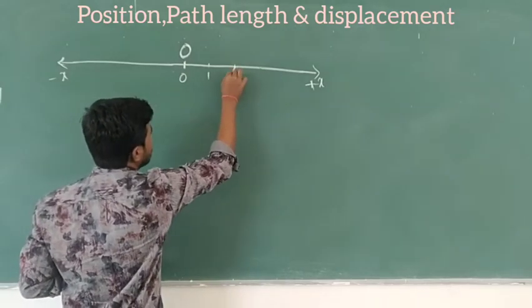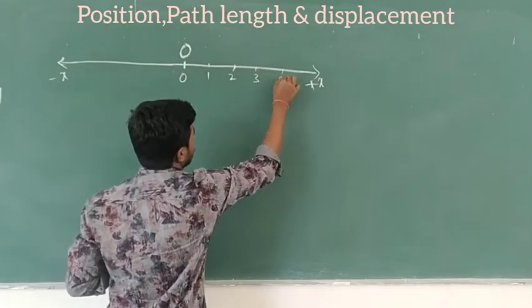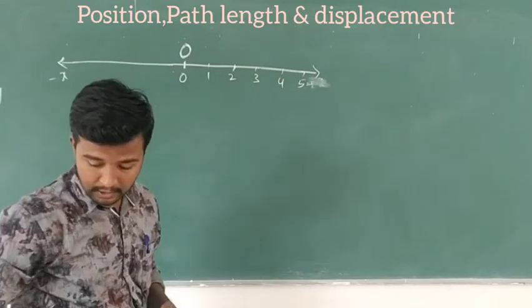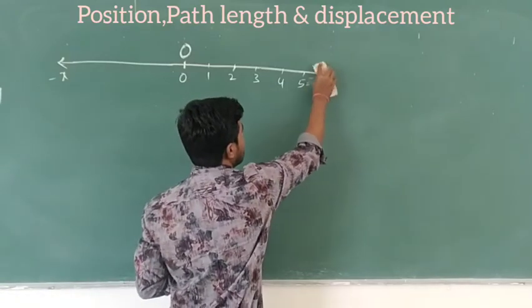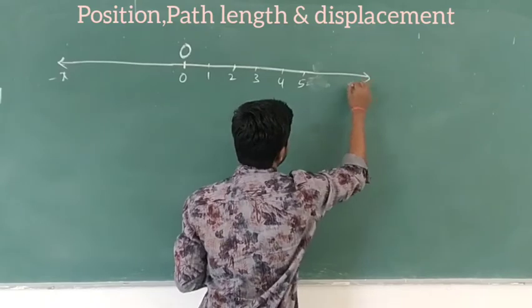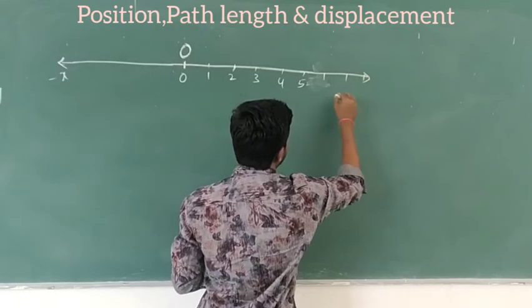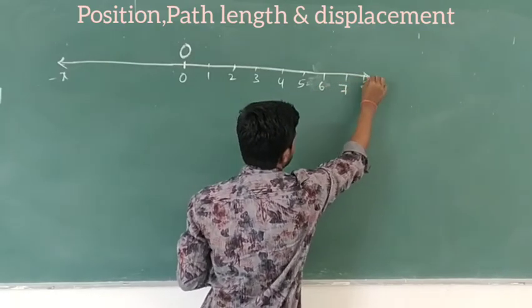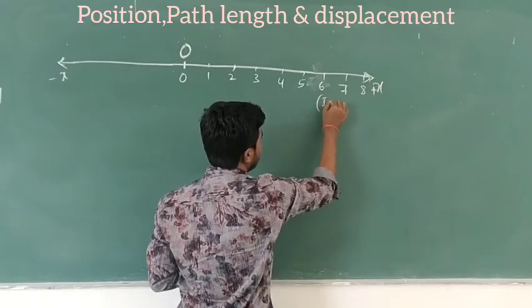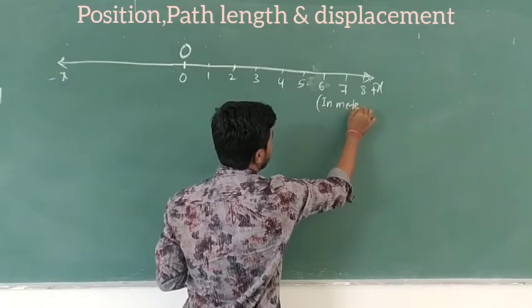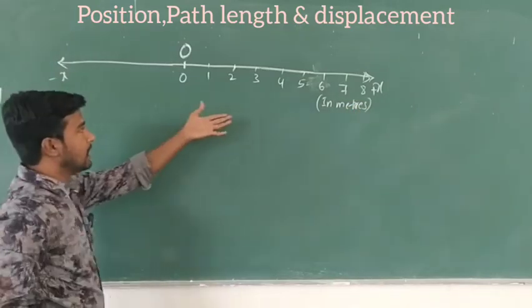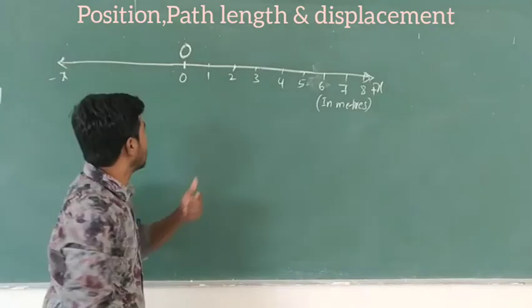1, 2, 3, 4, 5, 6, 7, 8. These are the lengths in meters.